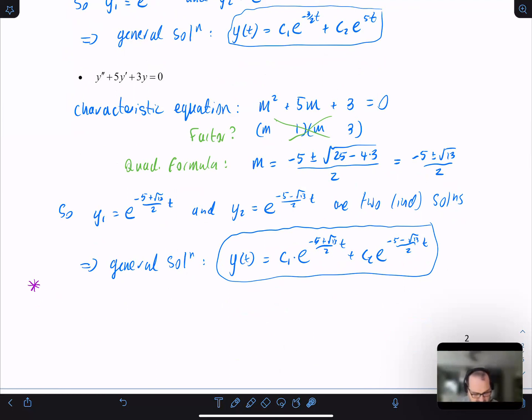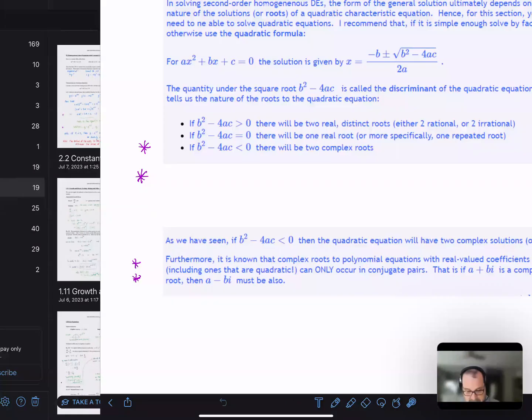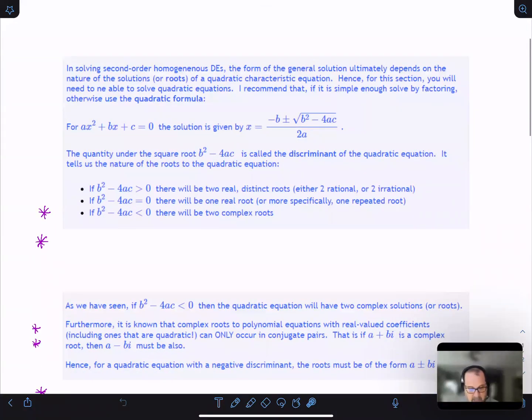A couple of prerequisites we need to look at. So again, as we were talking about, it turns out that in this particular situation where we have, let me describe again, a second order ay double prime plus by prime plus cy equals 0.